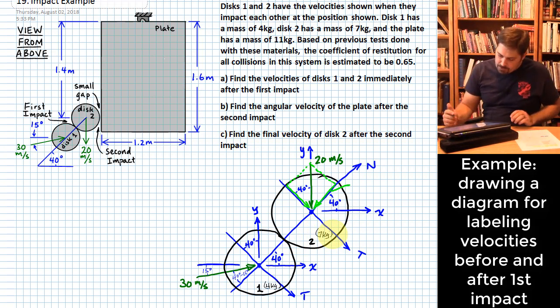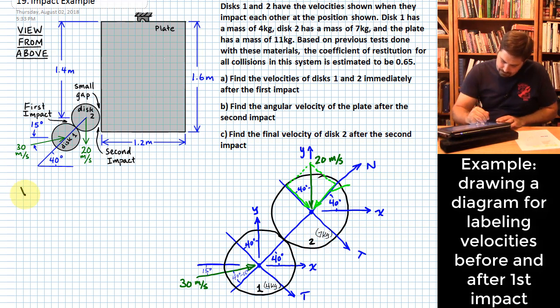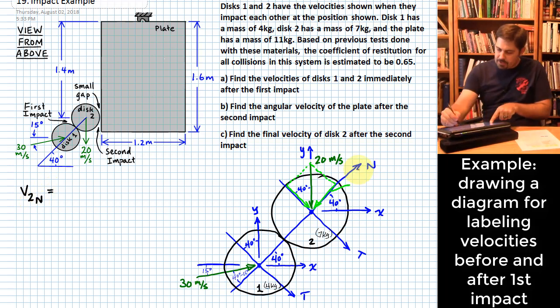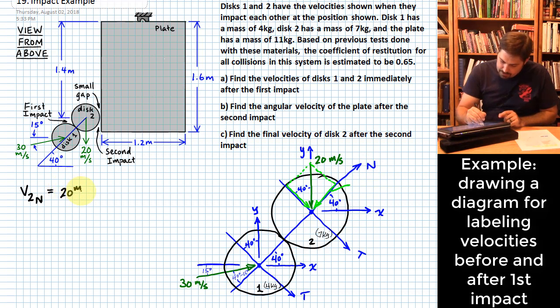So here's what we need to do. Let's figure out our component of disc 2 in the normal direction. I'm going to do this according to the positive direction I've assigned for my normal direction. So I've got 20 meters per second times, I need the sine in order to get that normal component, the sine of 40 degrees.